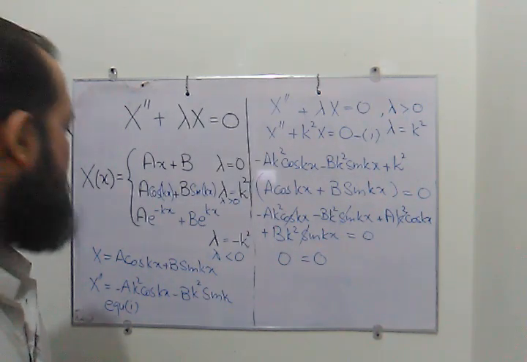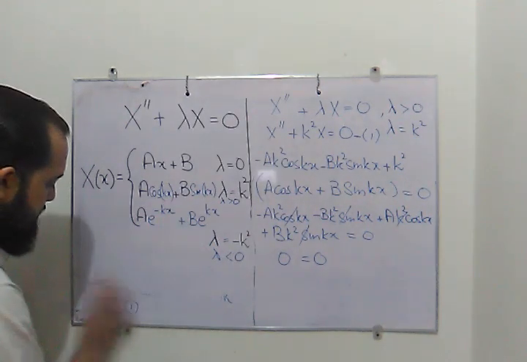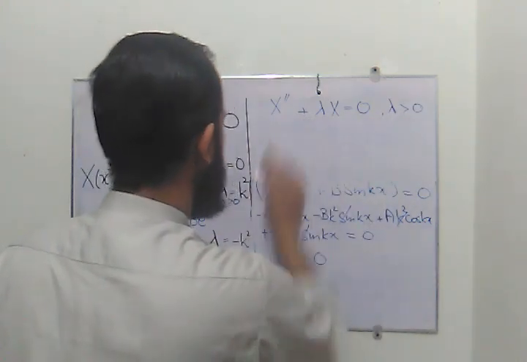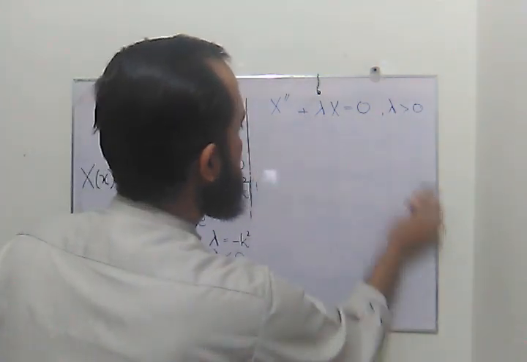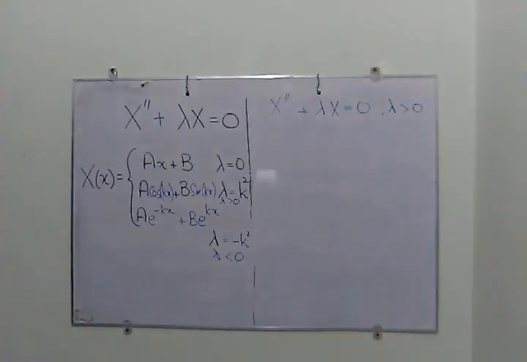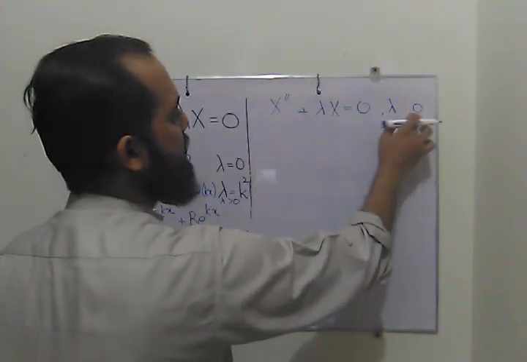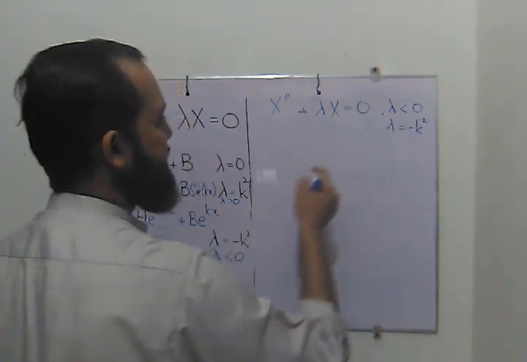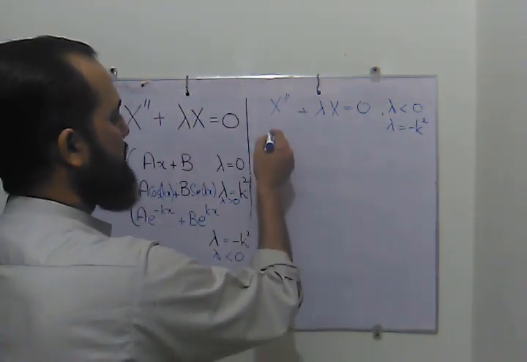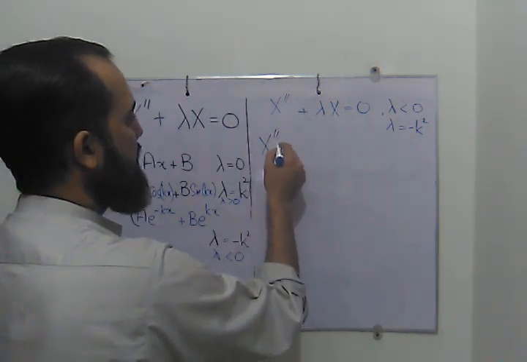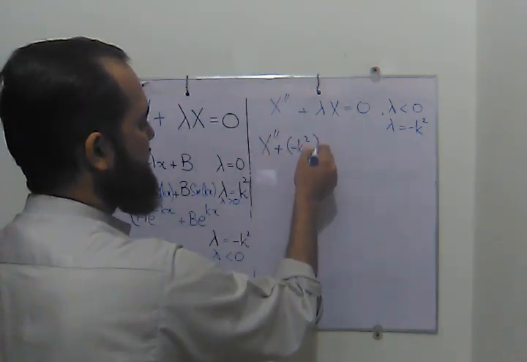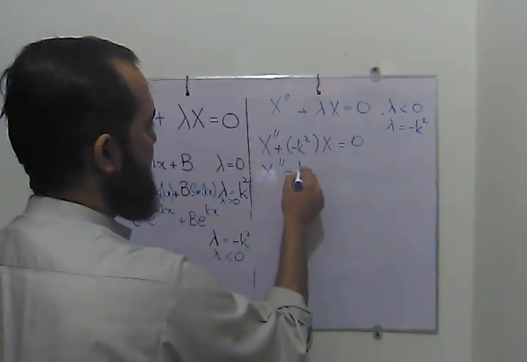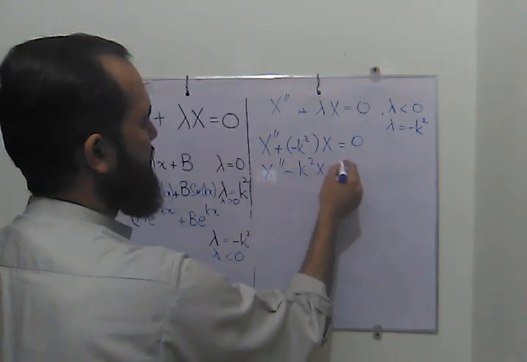Now we verify the third solution, for which the value of lambda is less than 0, or lambda is equal to minus k square. When we substitute this value in the equation, we modify it to the form x double dash plus minus k square x is equal to 0, which takes the form x double dash minus k square x is equal to 0.